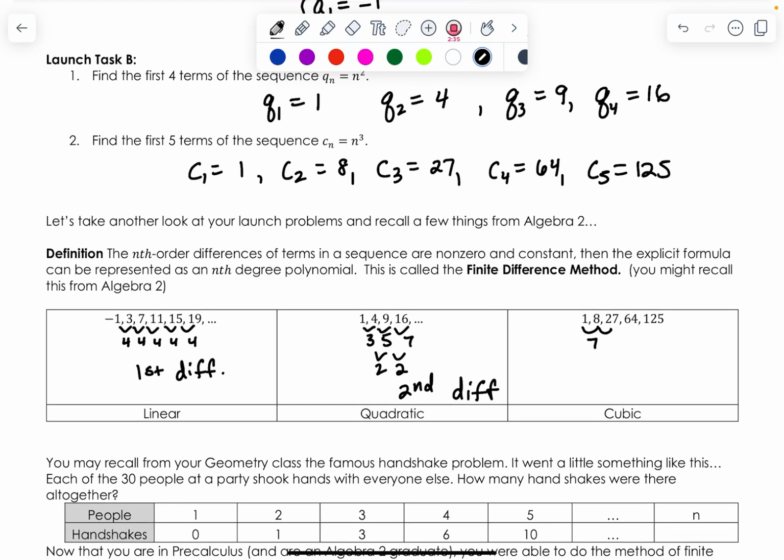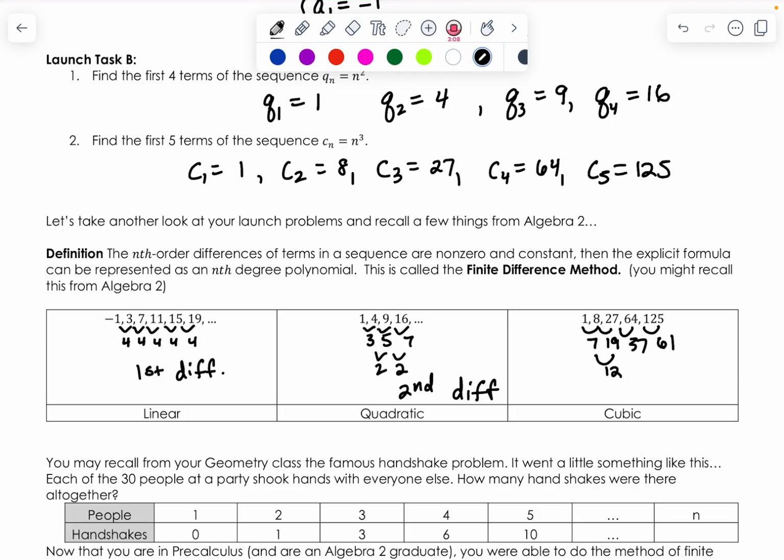Then here I go up by 19. I go up by 37. And then 61.